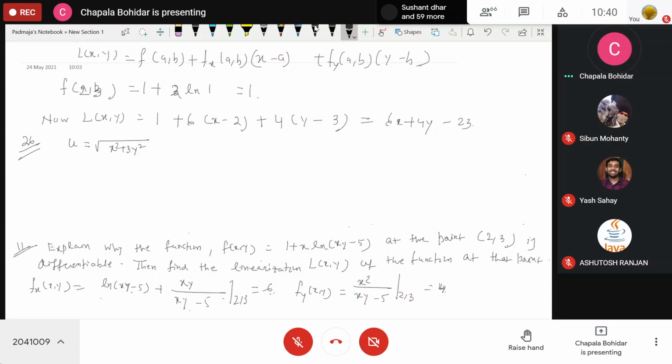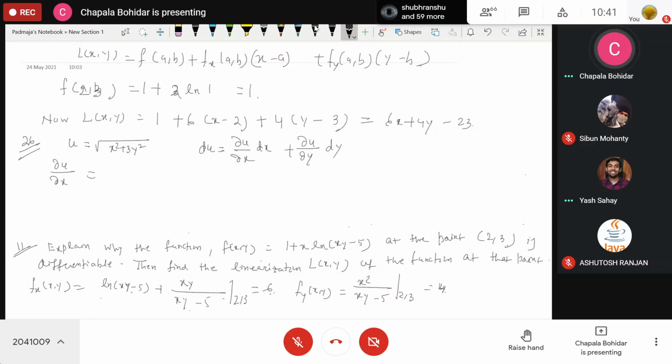Find the differential means you have to find out du, total differential. du is equal to del u by del x dx plus del u by del y dy, since u is the function of x, y. So first, del u by del x.